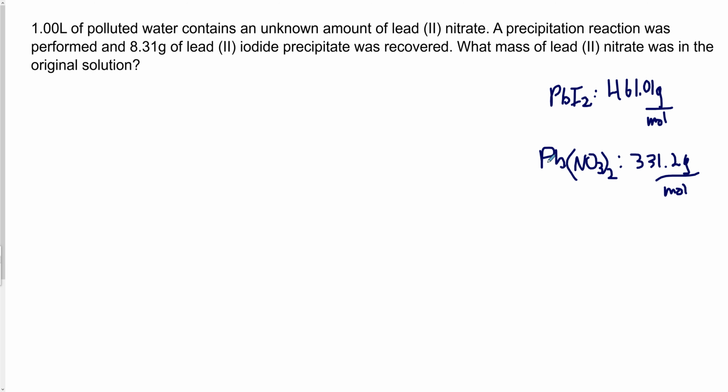So the nice thing is the coefficients, the subscripts on both of these are the same. So let's say that we were using sodium iodide. We can do a really quick and dirty kind of chemical reaction. We're starting with lead nitrate because that's what was in the original polluted water.